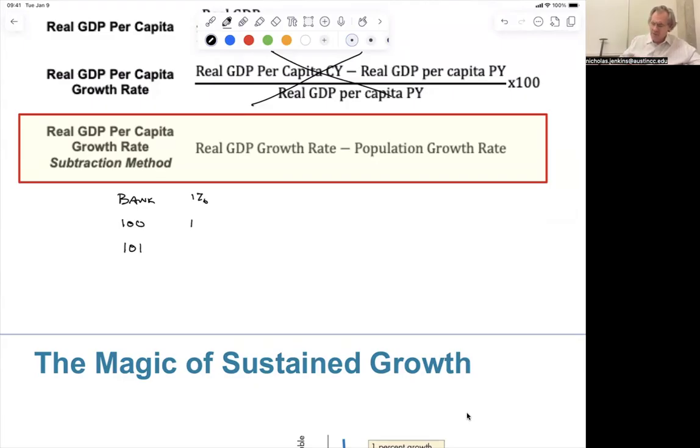Now, how much will I earn in interest in year two? Well, now we multiply that 1% times 101.